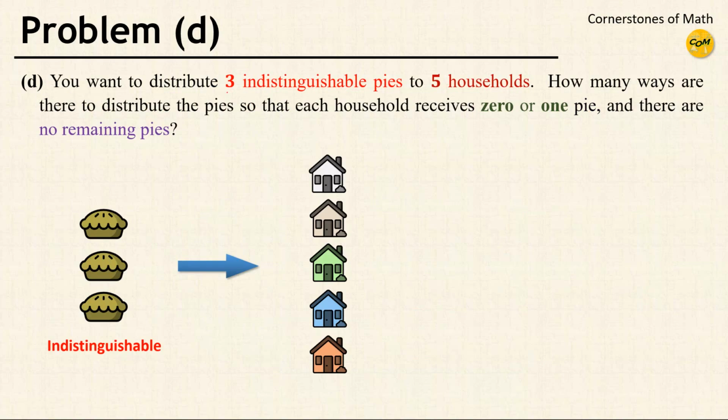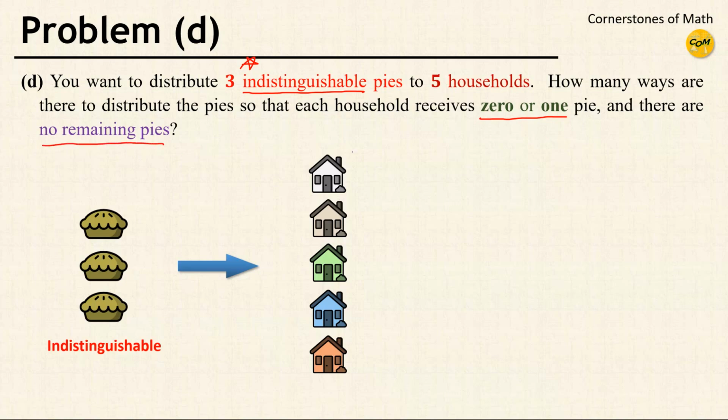The next problem is, you want to distribute 3 indistinguishable pies to 5 households. So now the pies look exactly the same. How many ways are there to distribute the pies so that each household receives 0 or 1 pie, and there are no remaining pies?